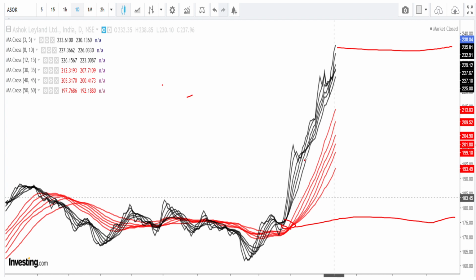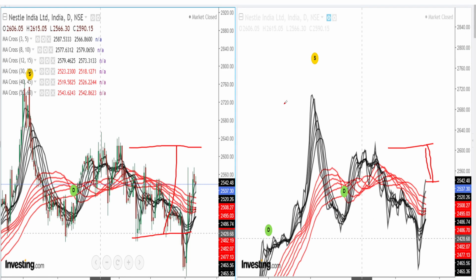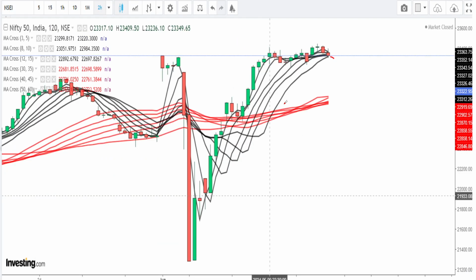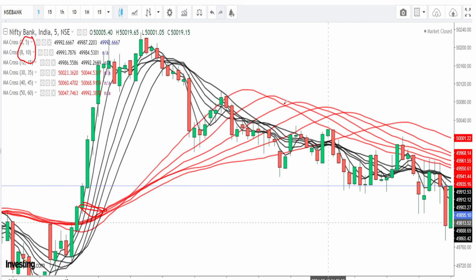If you plot any other indicator, you'll find whipsaw, but over here all the EMAs are pushing up, which itself is saying that Ashok Leyland is going to make higher highs. So this is the power of this indicator. Its name is Guppy. You'll find it in TradingView, free of cost. No numbers changed, just colors. I've just changed the color, and to my surprise, it works very well in intraday also.